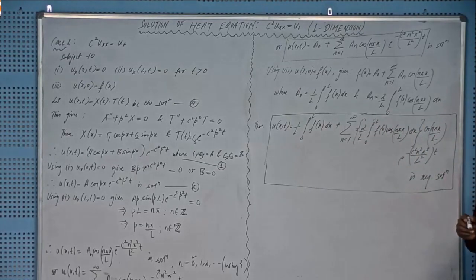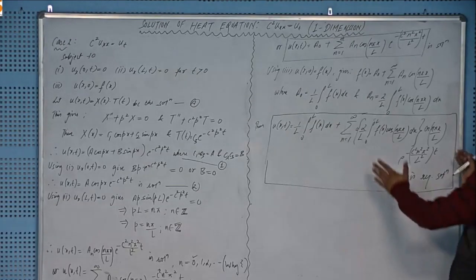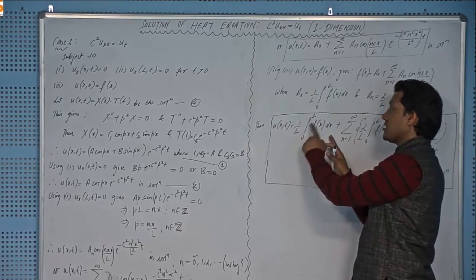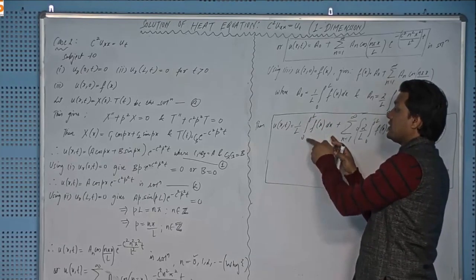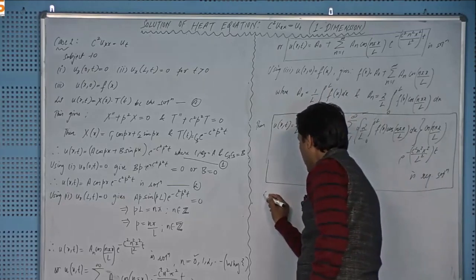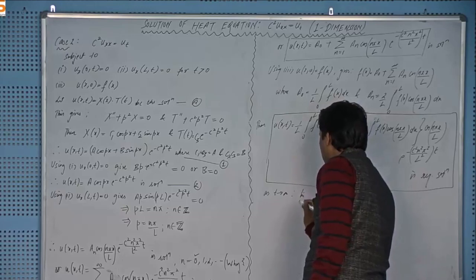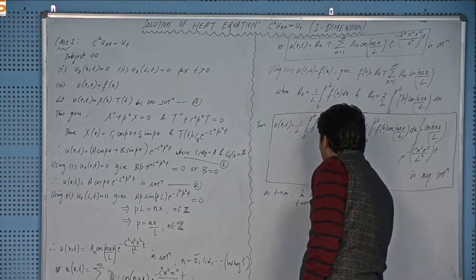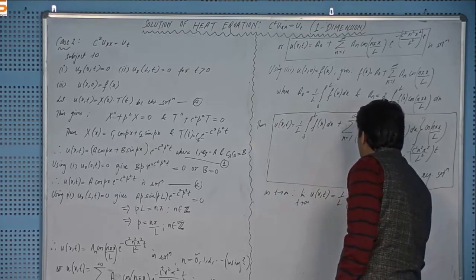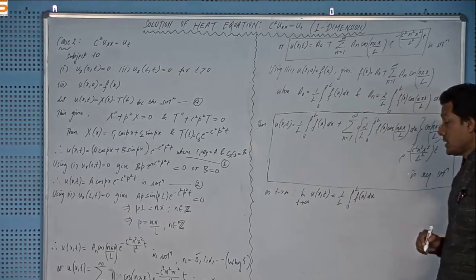If you approach time to infinity, it means after infinite time this term will go to 0. You are left with this constant term. 1 upon L is a constant, and this is a definite integral with constant limits, so this will be a constant. So I should write here that as t tends to infinity, the limit of u(x,t) will become ultimately equal to 1 over L integral 0 to L f(x) dx.